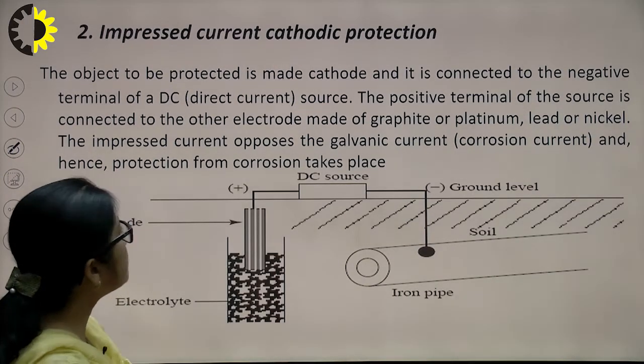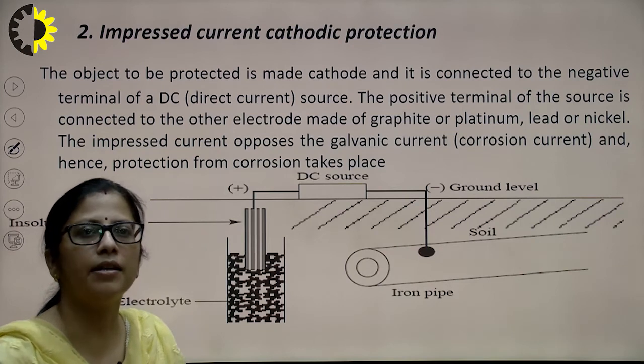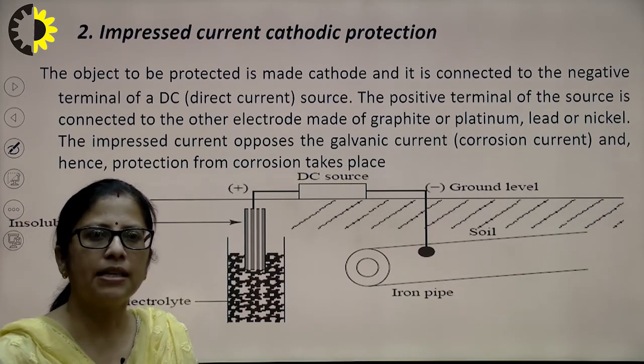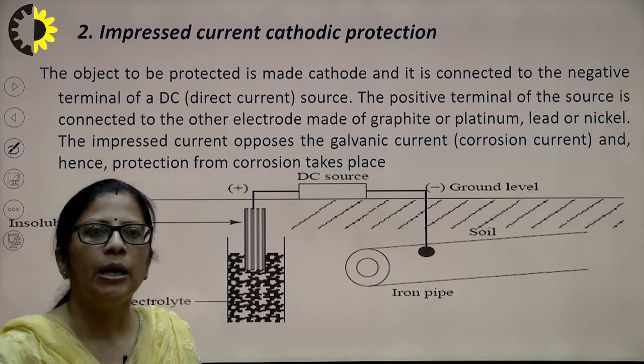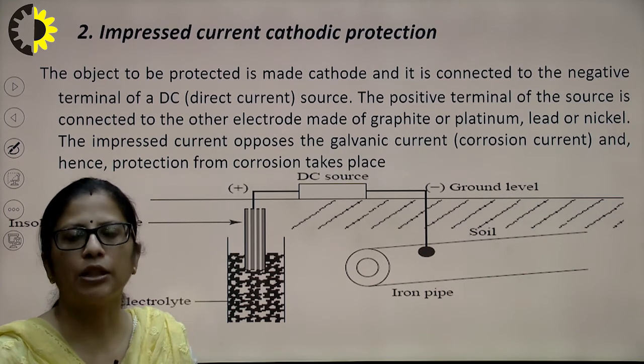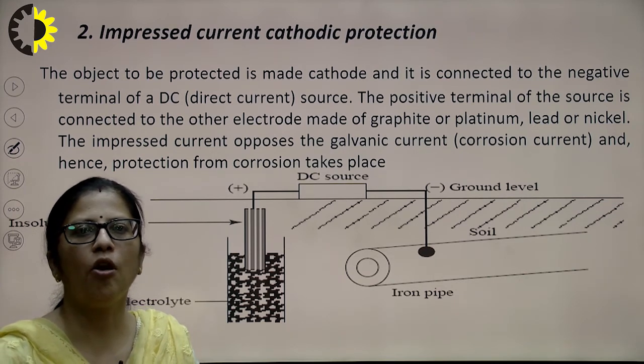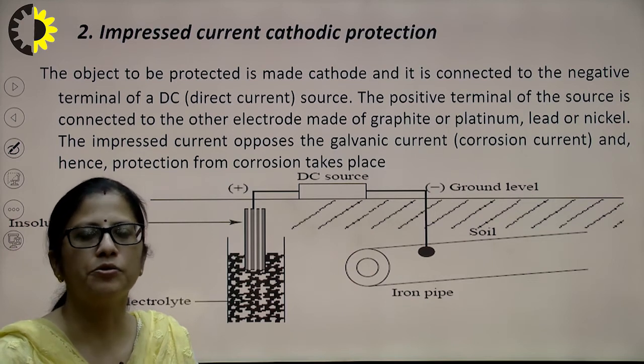Next is the impressed current cathodic protection. Now, in this case, again the metal to be protected is made cathode and it is connected to the negative terminal of the direct current source.